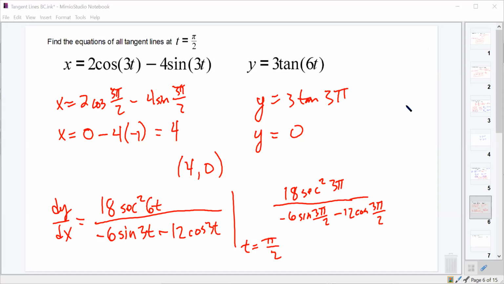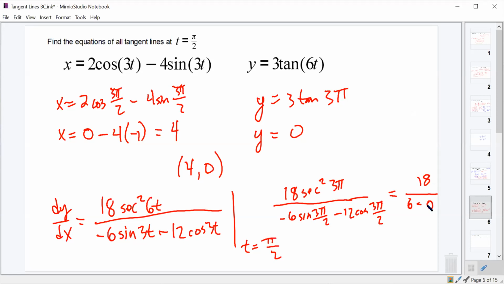And if we're going to square that, that's going to just turn it into a +1, right? So -1 squared gives us +1 times 18. So we got an 18 in the numerator. And the denominator, once again, the sine of 3 pi over 2 is what? Should be -1. So we got -6 times -1, which is 6. And then minus, and again, the cosine of 3 pi over 2 is 0.